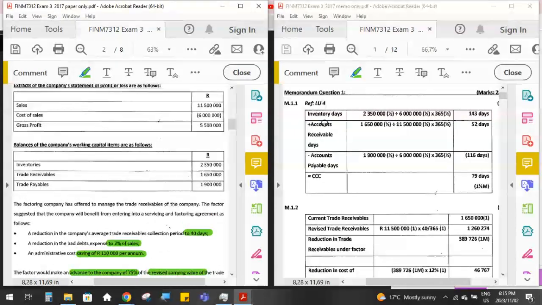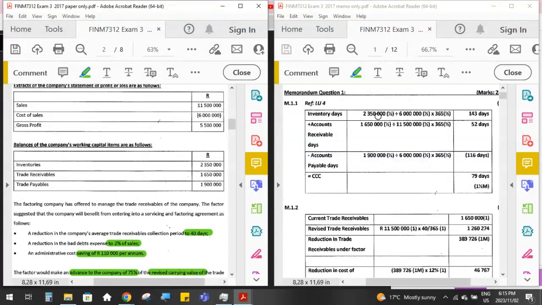So inventory days, usually it would be average inventory over cost of sales times 365, but we've only got 1 year's worth of inventory, so we're going to use this inventory closing figure that they've given us, 2350, over cost of sales.